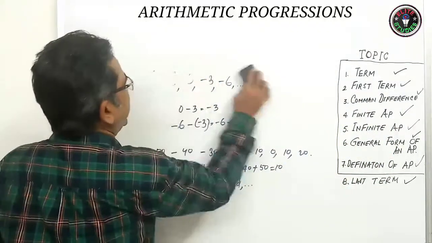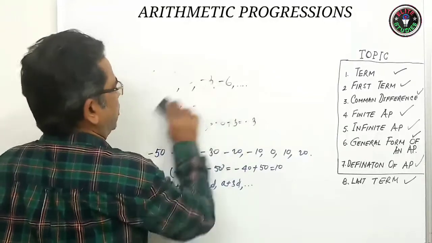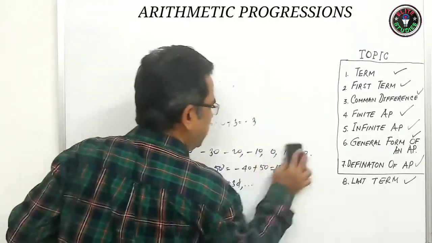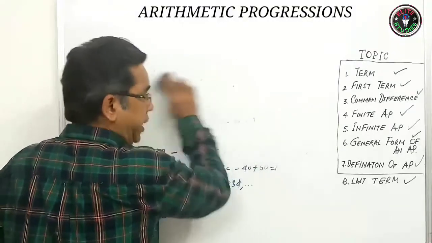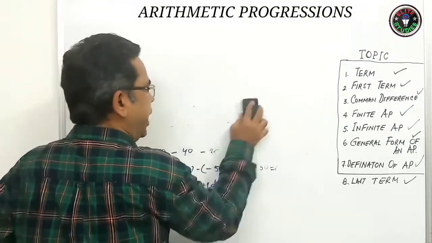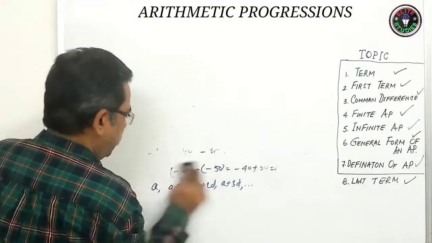How to know whether a given series is in AP or not? If you know A and D, you can write the AP.